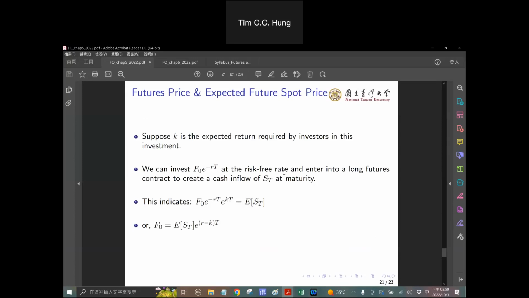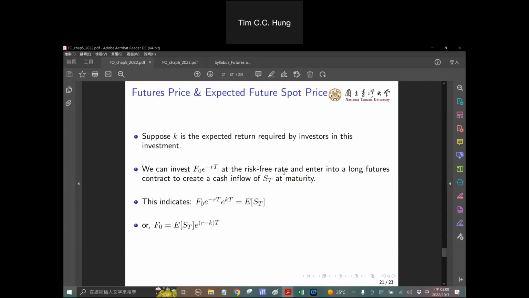Think of this as the dollar value that we will be paying at time T. The present value of it equals F0 multiplied by exponential of negative RT. It's as if we are using this amount of money at present and transferring it into this amount at time T. Does that make sense so far?